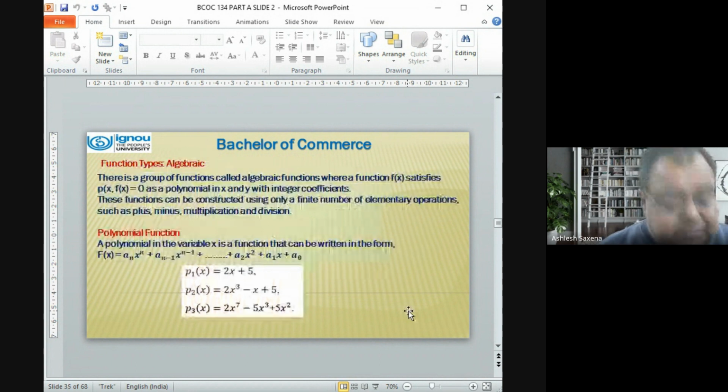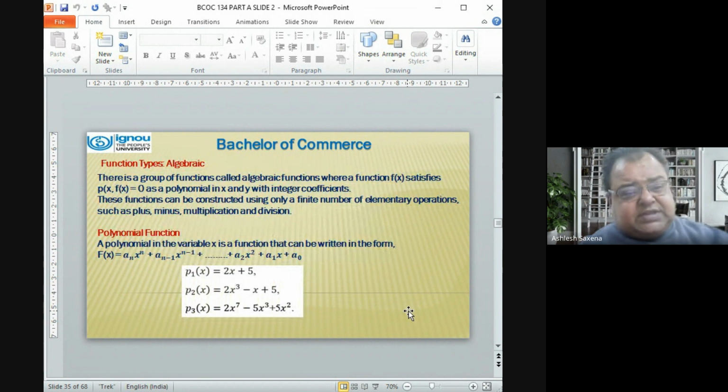First of all, we will start with algebraic. There is a group of functions called algebraic functions where a function f(x) satisfies P(x, f(x)) equal to 0 as a polynomial in x and y with integer coefficients. These functions can be constructed using only a finite number of elementary operations, such as plus, minus, multiplication, and division. No other function will be used.